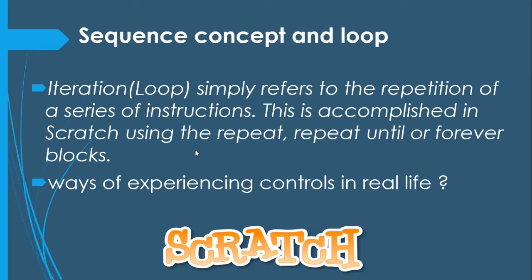In these control blocks, most of them have the repetitive aspect. They enable you to repeat an action. For example, if you want to walk from one point to the other, you keep repeating stepping left, stepping right. That continuous stepping left, right, for you to be able to move from point A to point B, is made possible in Scratch by using the controls or the repetition, what we call loops for repeating.